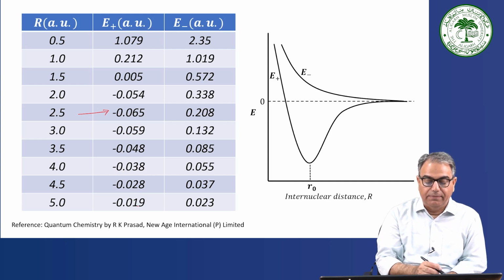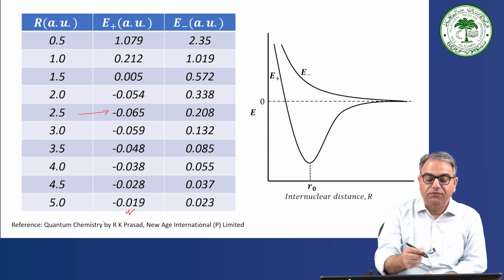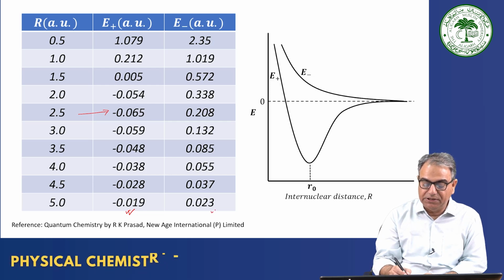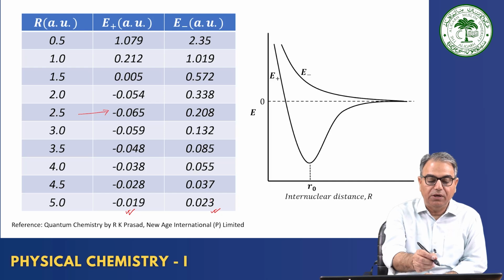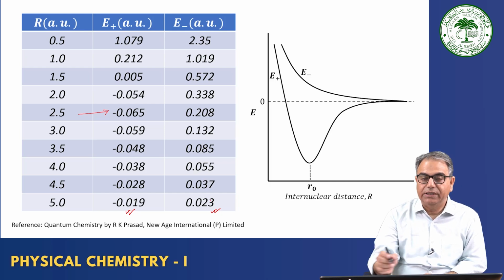But it remains in the negative region. But if you look at the E minus value, it also decreases to 2.35, 1.019, and again, but it remains positive. So if you plot E plus and E minus, you get a graph like this one.